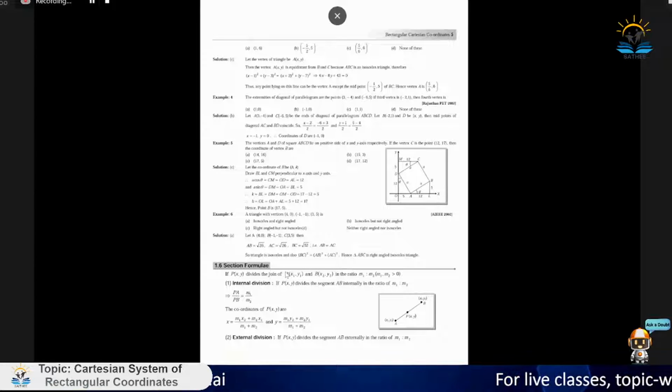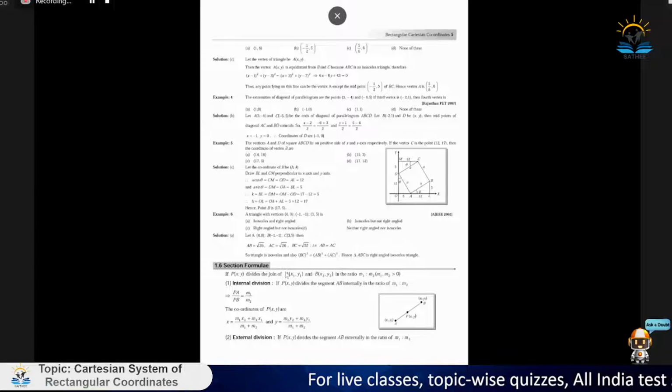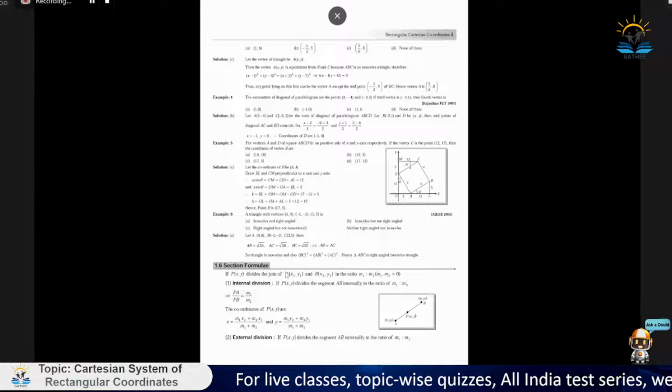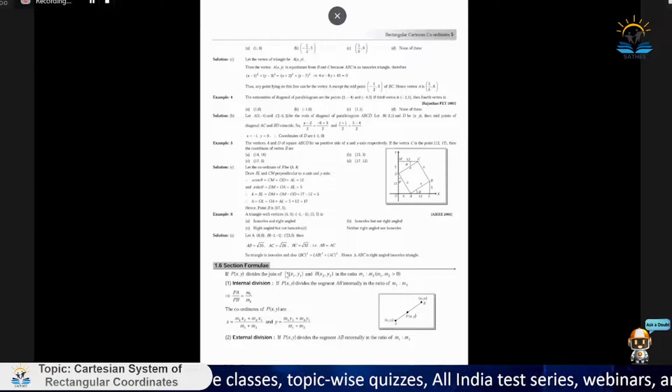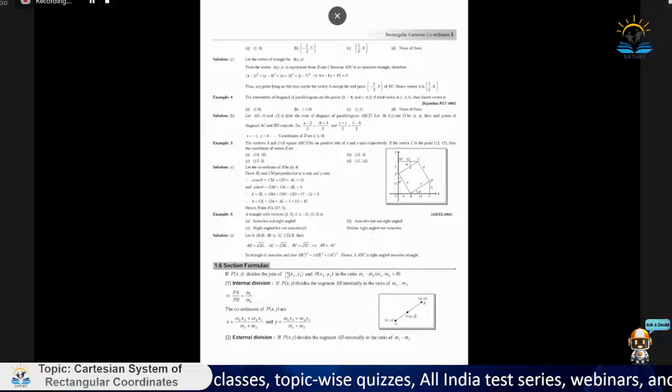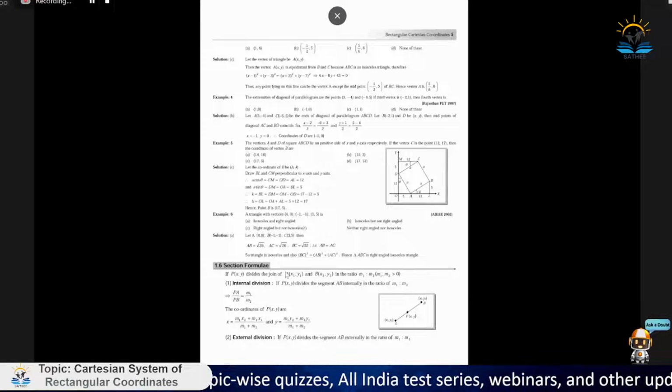In a similar way, for the upper right angle triangle, you can find that angle MCD would be theta. If you look at the diagram, you can understand it clearly. Here we know that vertex C is 12, comma 17, so CM would be 12.